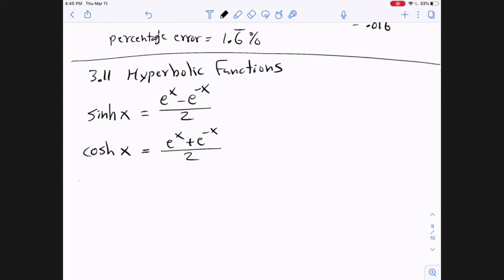And of course, the hyperbolic tangent is still hyperbolic sine over hyperbolic cosine, so it is this over that. If you divide those two together, the 2's in the denominators cancel out, and you get that.